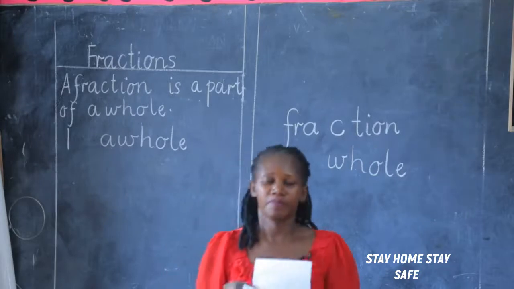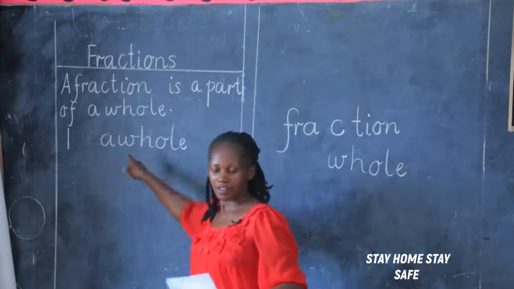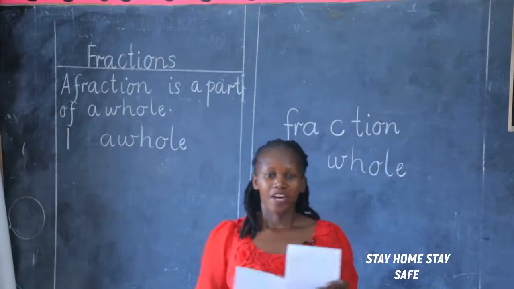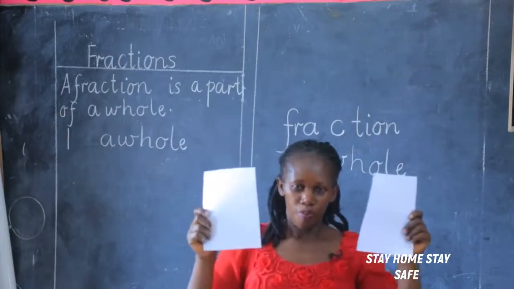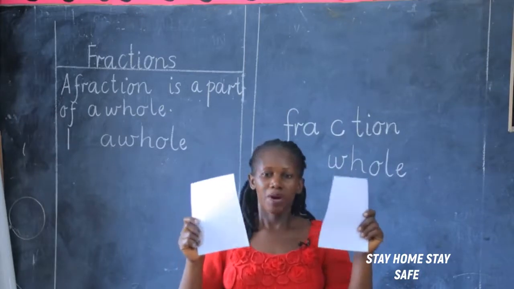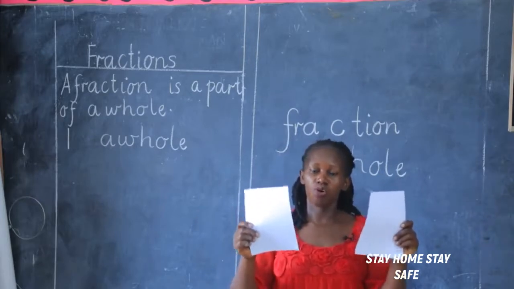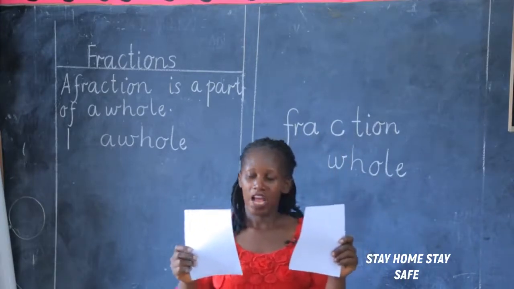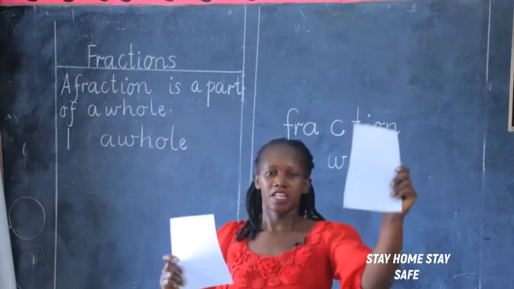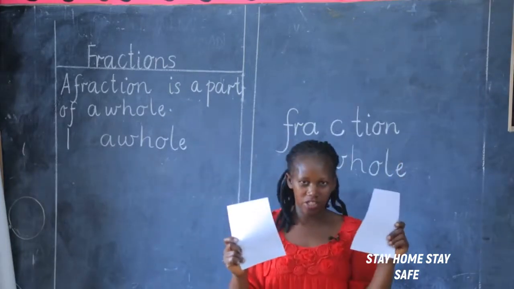Right. I had a whole paper. It was one. Now I've cut it into 2 parts, and they are equal parts. From the whole paper, I have now gotten 2 parts, okay? I have this part, I have another part. This is a fraction, this is another fraction.